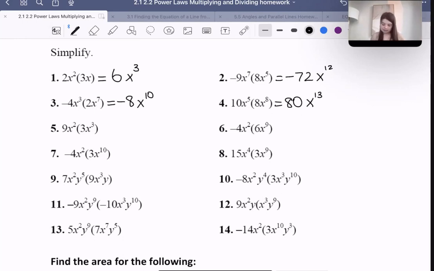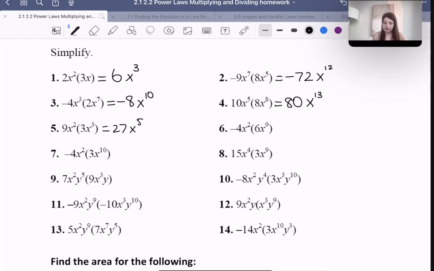Okay. Then let's do 5. Number 5 says 9x squared times 3x cubed. Well, that would be 27x to the power of 5, right? We multiply 9 times 3. We multiply x squared and x cubed and get x to the power of 5 that way.